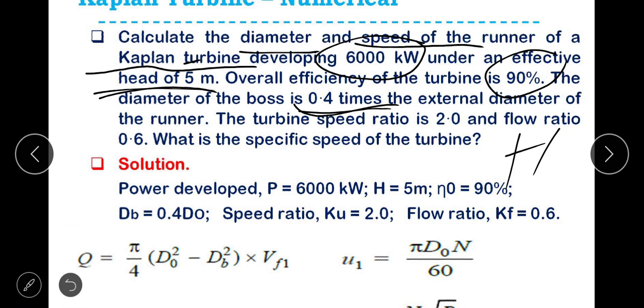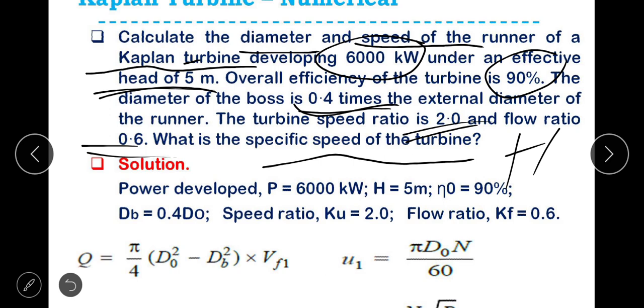The turbine speed ratio is 2 and flow ratio 0.6. What is the specific speed of the turbine?